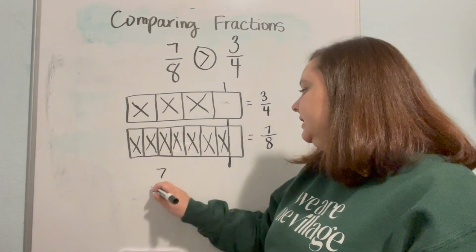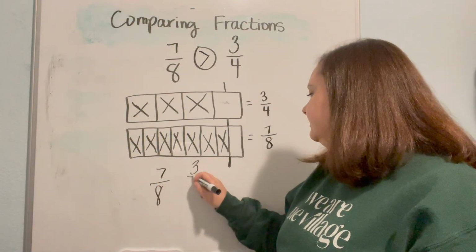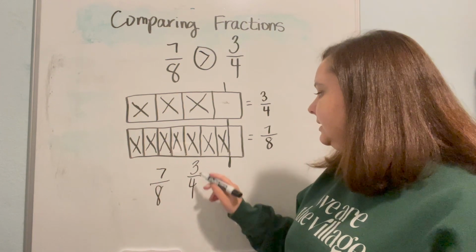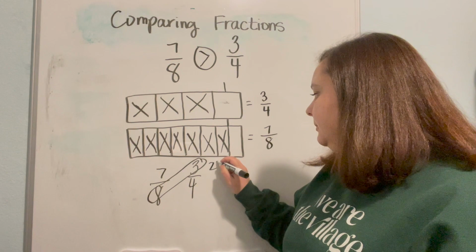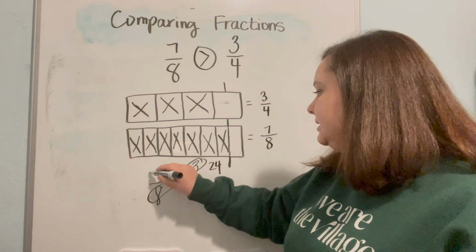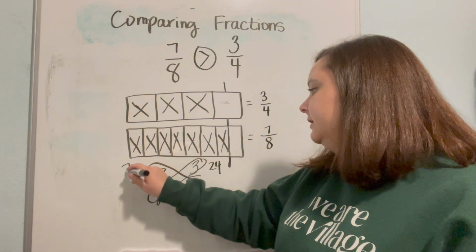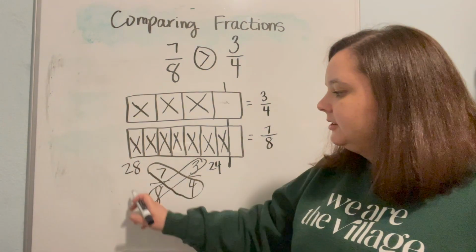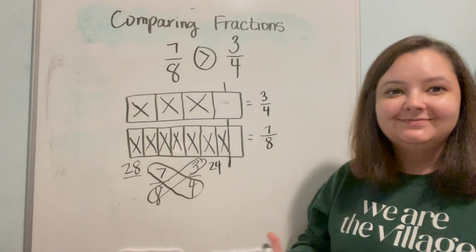So we have 7/8 over here, and we have 3/4 on this side. We're going to multiply 8 times 3, which gives me 24. And we're also going to multiply 7 times 4, which gives me 28. The larger number is on this side, so that means that 7/8 is still greater.